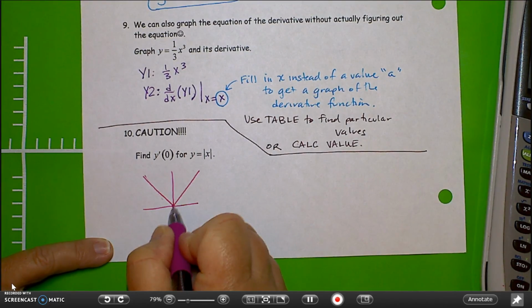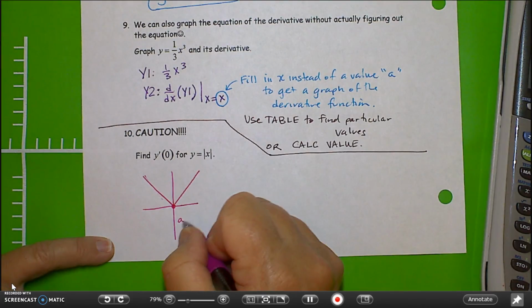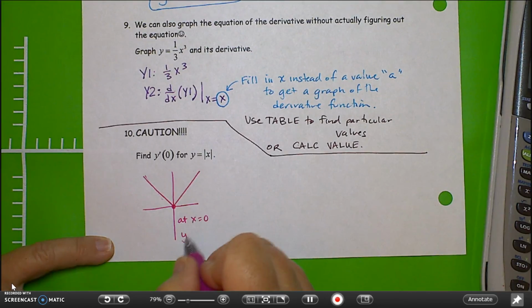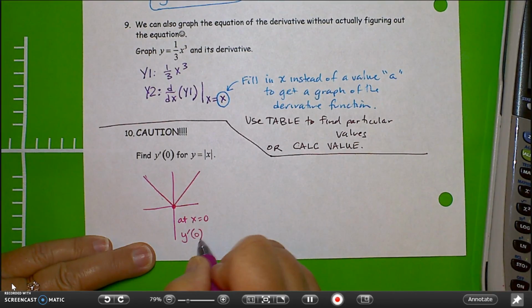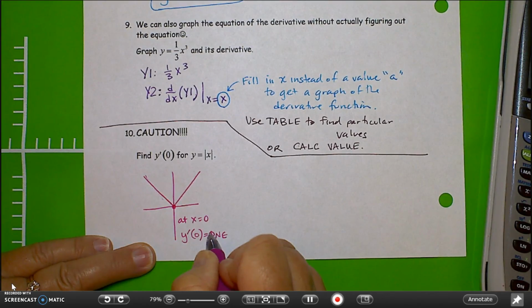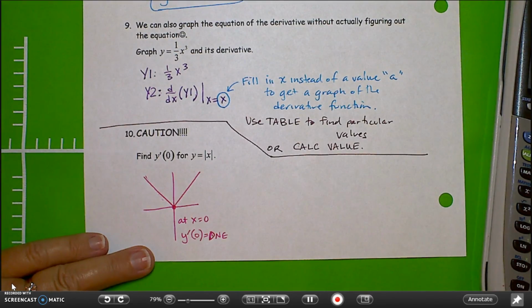You should already know that the derivative there is going to be a problem at x equals 0. Y prime of 0 does not exist, right? Because the slope of the tangent from the left is not equal to the slope of the tangent from the right. But let's try this on our calculator.